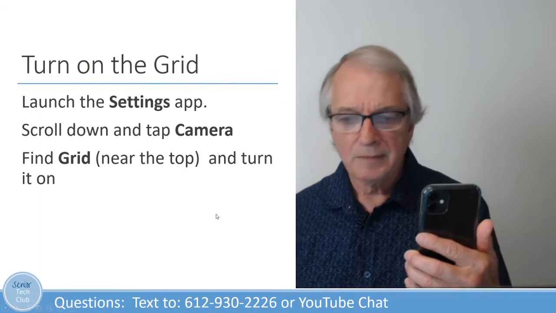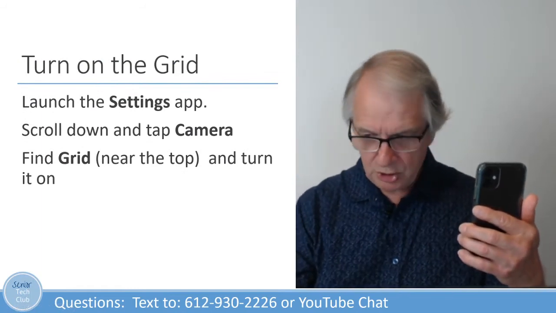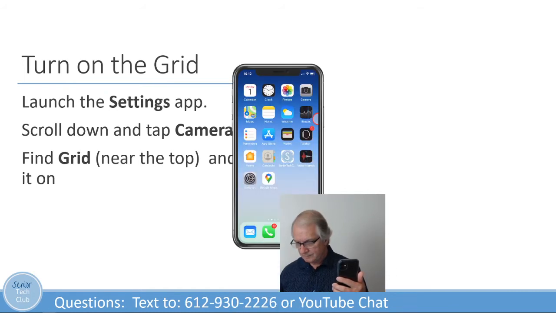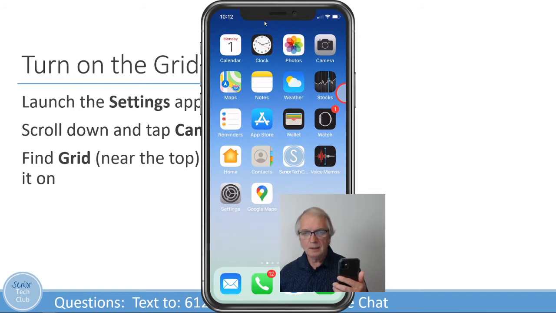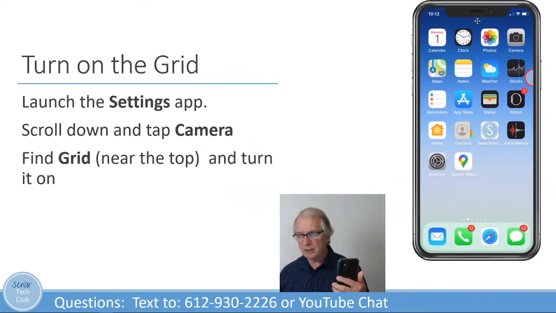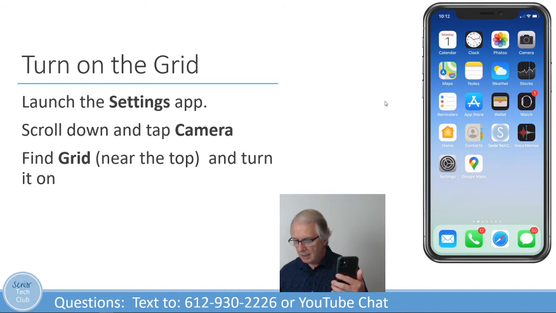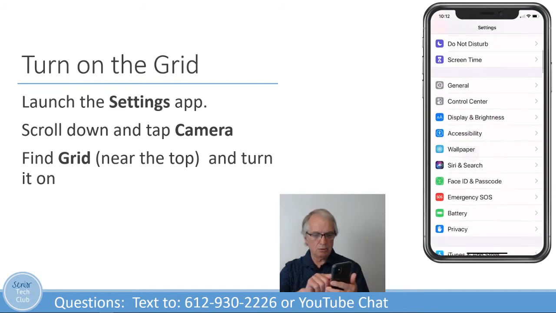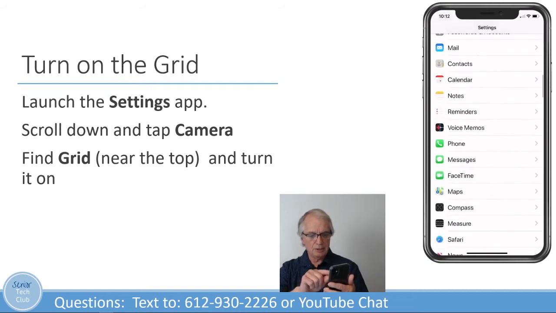So how do we do that? Let me change our arrangement here a little bit. As we typically do, let's demonstrate how we get to the settings. As I show on the slide deck, you launch the Settings app and then scroll down until you see Camera.